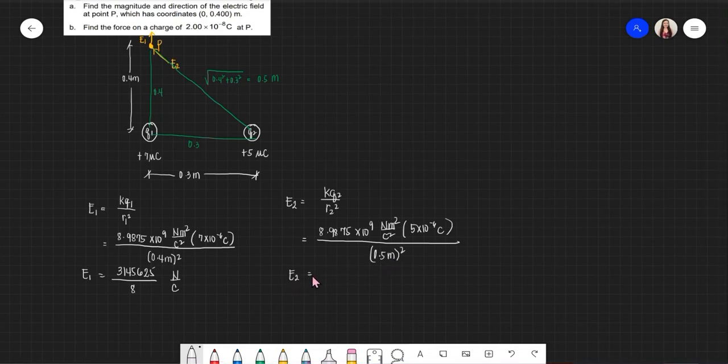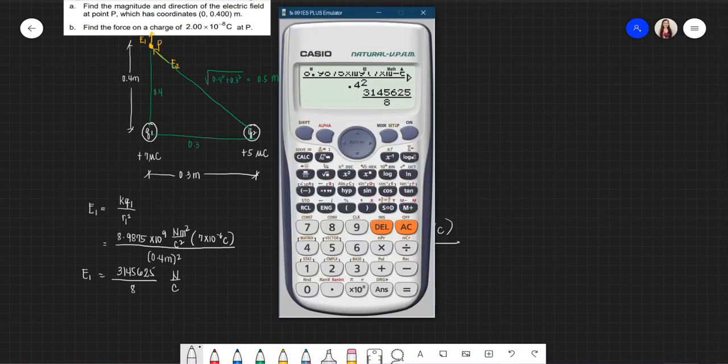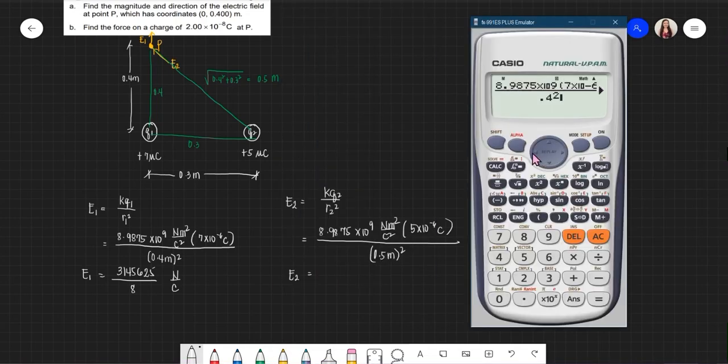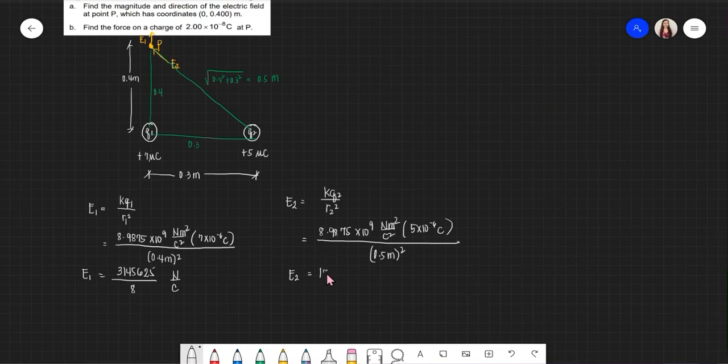So the field on P by Q2 is equal to 179,750 newtons per coulomb.